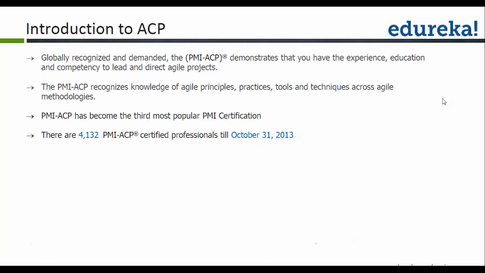PMI-ACP has become the third most popular in the PMI list of certifications, and as of 31st October 2013, of course this information is now outdated, there are more than 4,000 PMI-ACP certified professionals worldwide. So this is some statistics and background about this PMI-ACP certification.